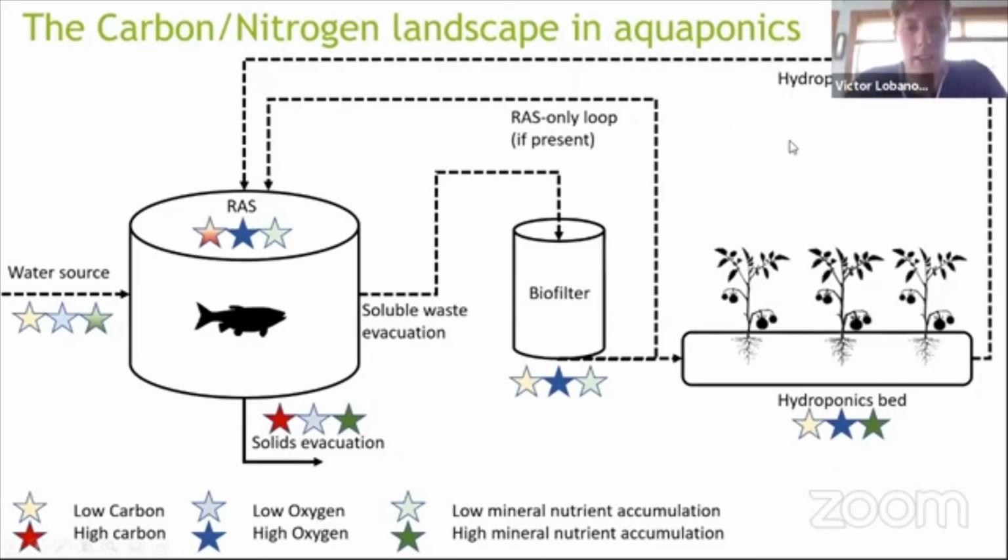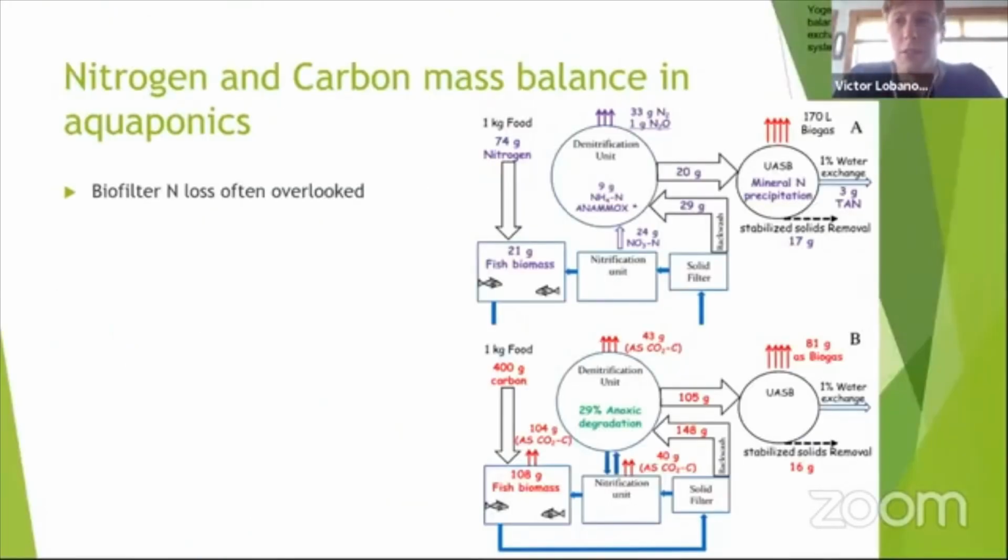Biofilter tends to have a lot more oxygen. You only need like 2 grams per liter to be an oxygen-rich environment, microbially speaking. And then the hydroponics bed, by that point, you tend not to have very much carbon, but you have other stuff going on. This was a paper out of Israel trying to measure nitrogen and carbon throughout the cycle.